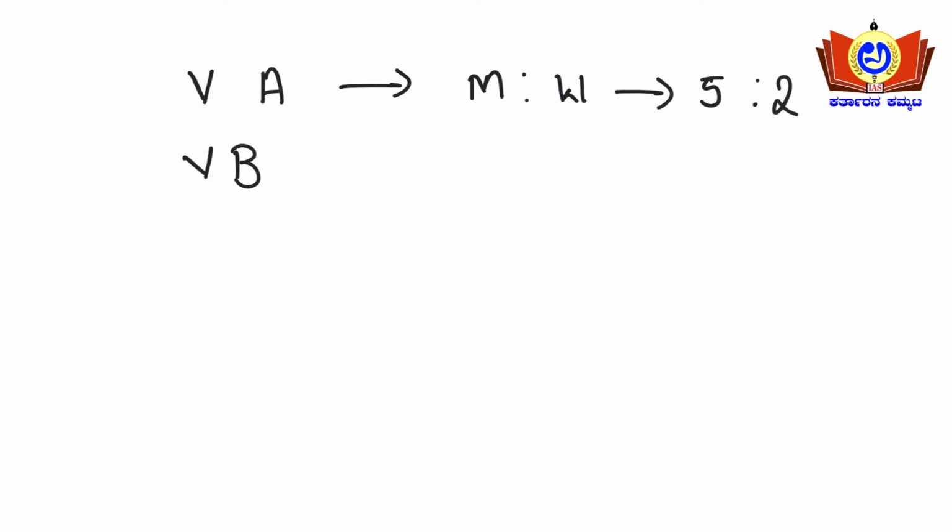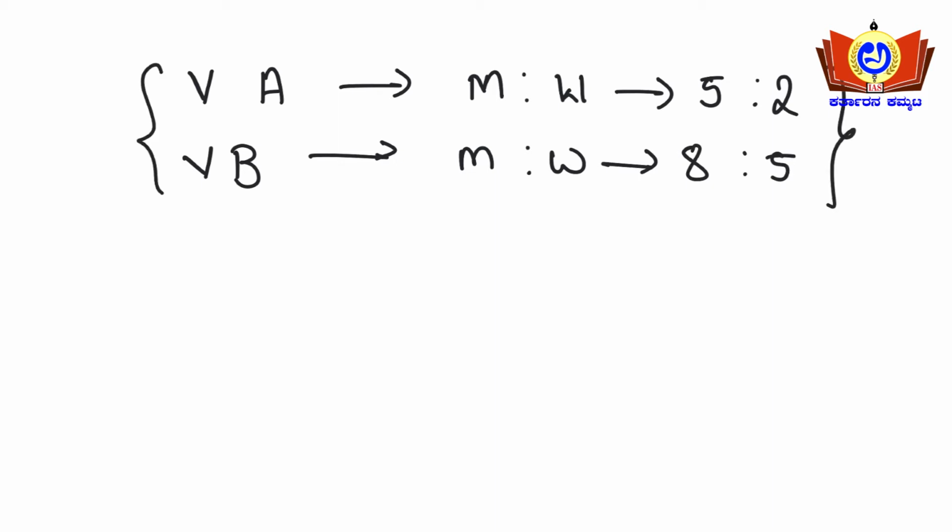See friends, there are two vessels, right? So for vessel A, milk is to water ratio, what they have given is 5:2. For vessel B, what is the ratio they have given? Milk is to water, that is actually 8:5. This is the given ratio, right?